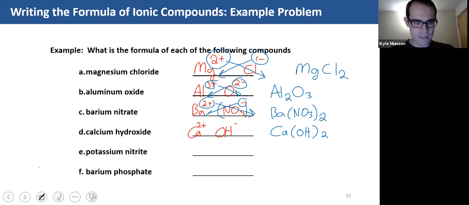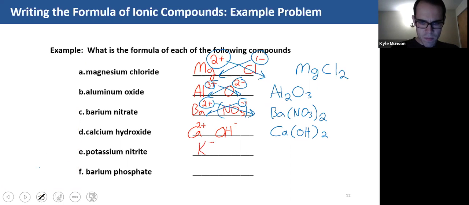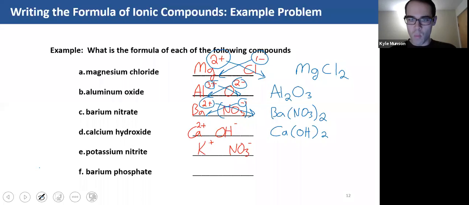That's calcium hydroxide. All right, potassium nitrate. Potassium, that's what nitrate looks like. Cross the charges, they're all 1s, so they're all omitted. KNO3. Hopefully you got these as well, and your answers are matching mine.